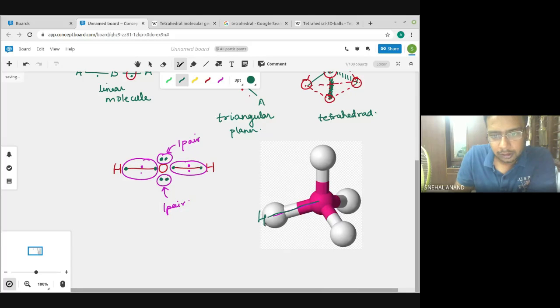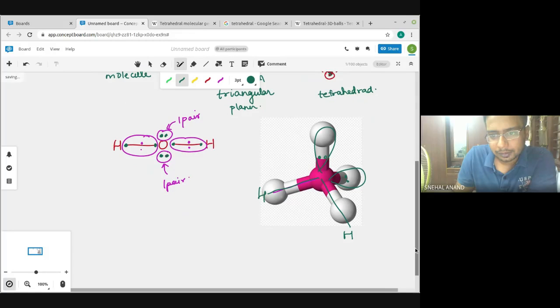So you have hydrogen like this and the other hydrogen like this. And these electron pairs are in one direction. Are you getting the point? So 2 of the electron pairs are on 2 sides of this tetrahedral, and the 2 bond pairs are like this. The 2 hydrogens are like this. Is that fine?